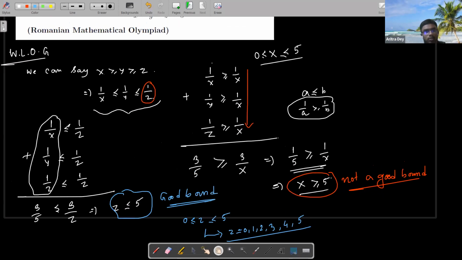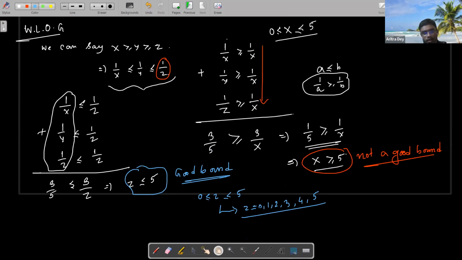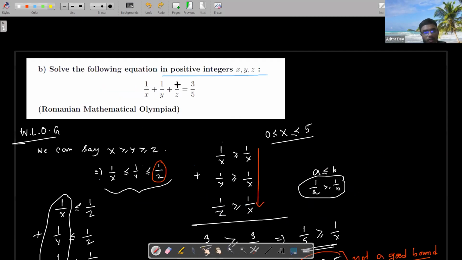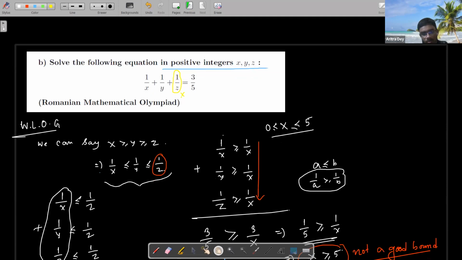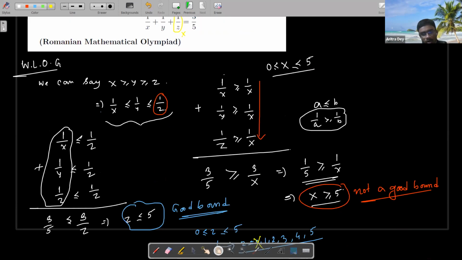Now, obviously, you need to remove some cases. For example, z never can be 0. If z is 0, then this 1 by z term we can't define. So this is not possible, so the 0 case is removed. Similarly, you can check 1.